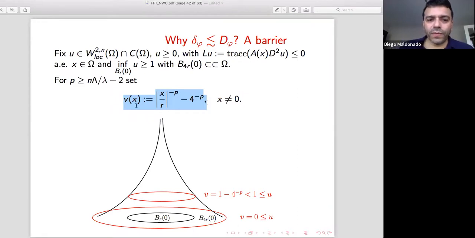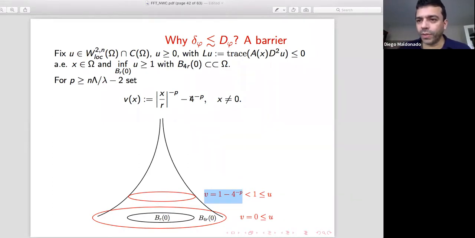Now, what happens to this function v? Well, look, on the boundary of the ball BR, this is r over r. This is just 1. So here on the boundary, right? Here v is 1 minus 4 to the negative p.